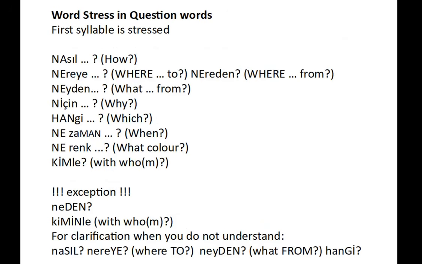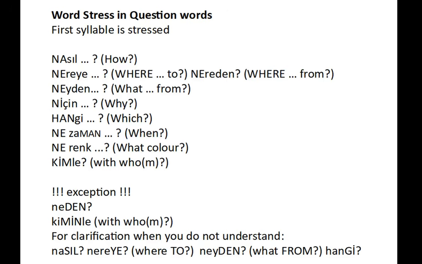And the first syllable is stressed in question words too, like nasıl, nereye, nereden, neyden, niçin, hangi, ne zaman, ne renk, kimle. But we have some exceptions too, like neden, kiminle.